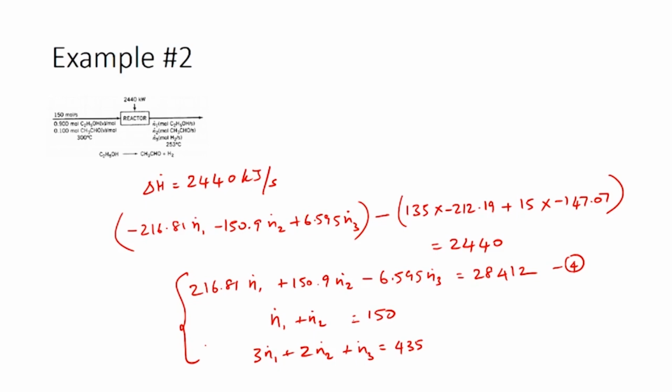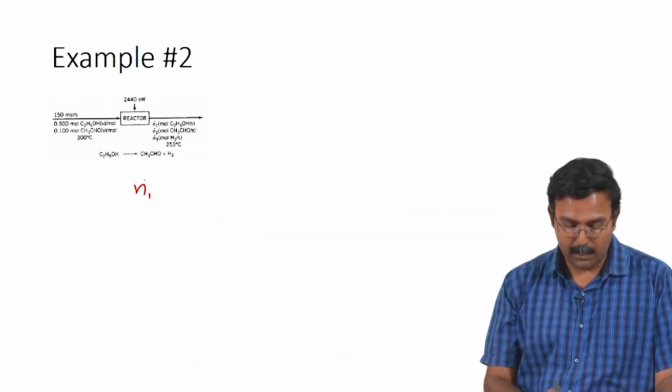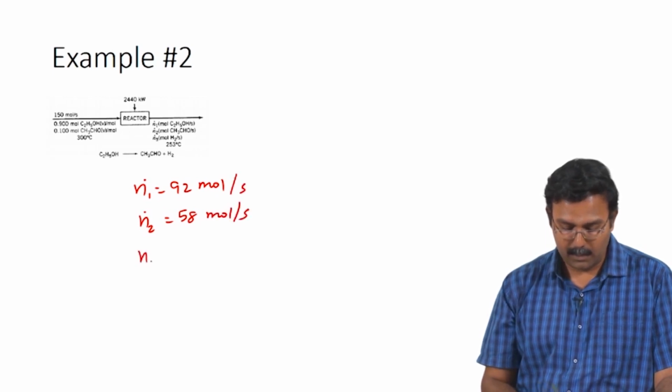Once we know these values, we can calculate the conversion of ethanol. Solving these equations simultaneously, we would get N1 dot equals 92 moles, N2 dot equals 58 moles per second, and N3 dot equals 43 moles per second.